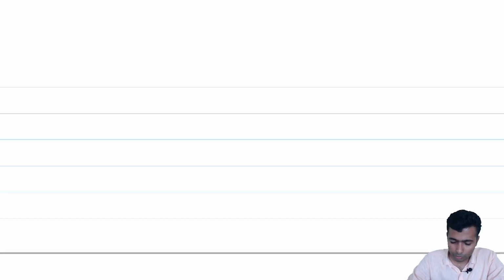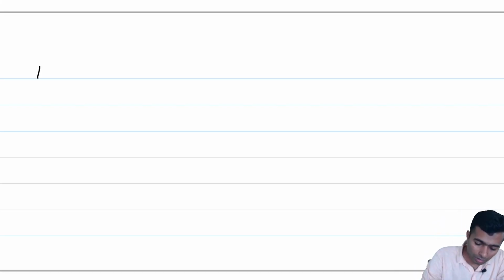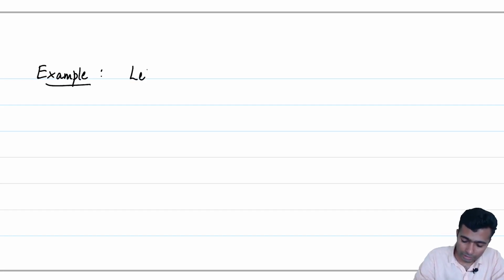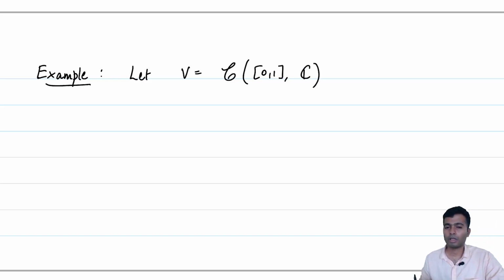Let's now look at one more example which is of great importance in general to both the mathematical community and others. So even in engineering, this example is of great interest. So let's consider the vector space. Let V be the vector space C[0,1]. Let's consider a collection of vectors.